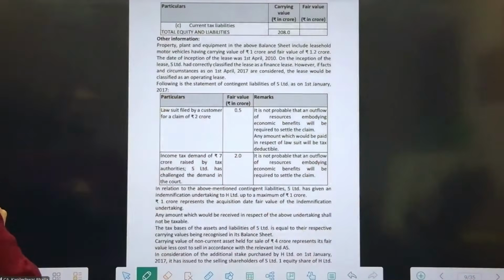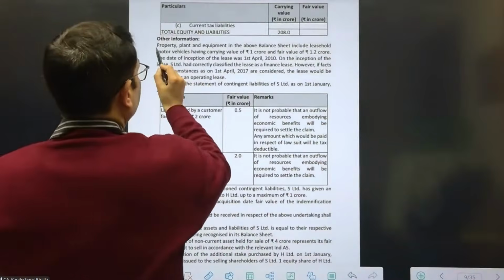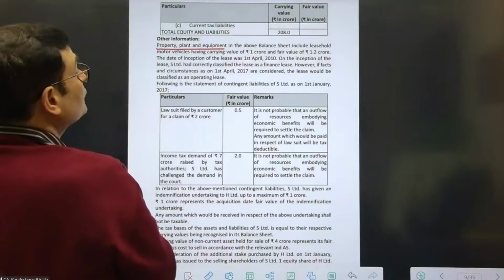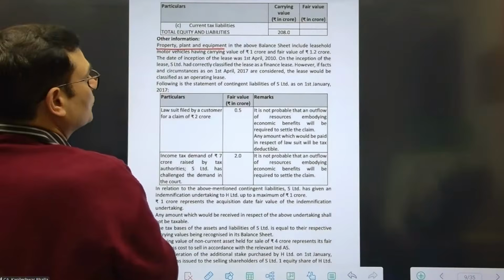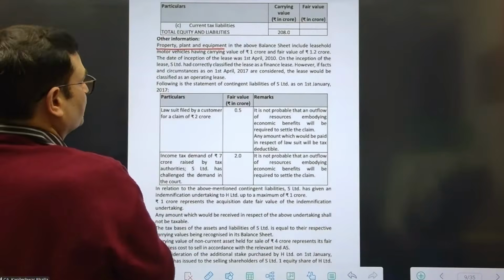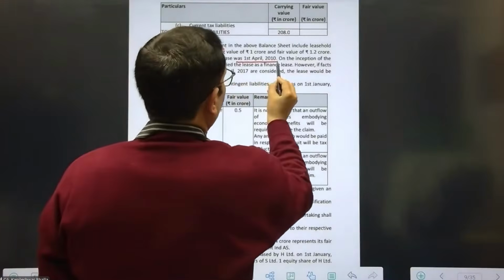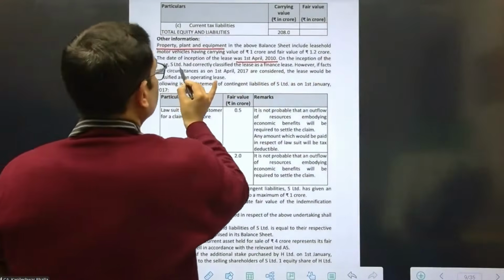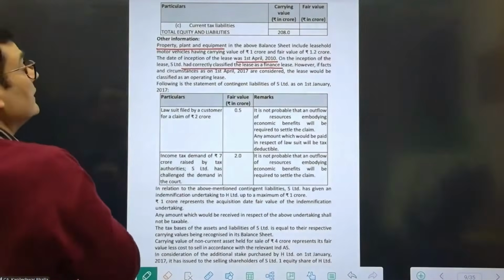Then in the additional information, it says property, plant, equipment in the balance sheet is including a leasehold vehicle with a carrying value of 1 crore and a fair value of 1.2 crores. It says at the date of inception of the lease on 1st April, the lease was correctly classified as a finance lease. Now, it says, however, the facts.